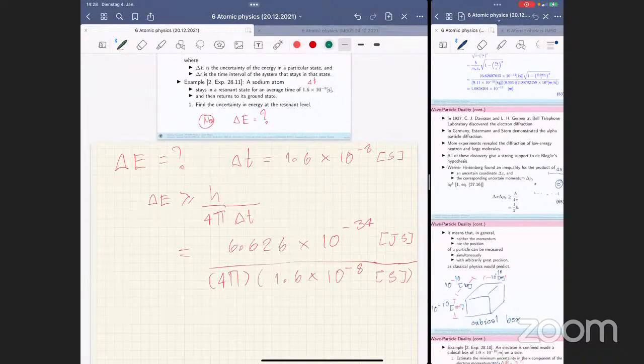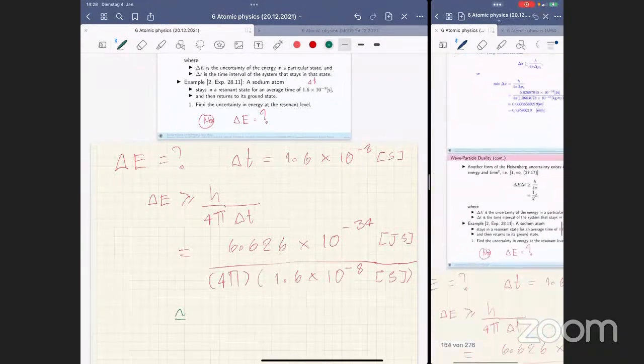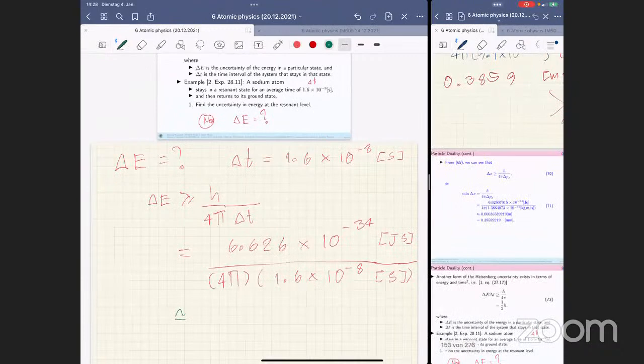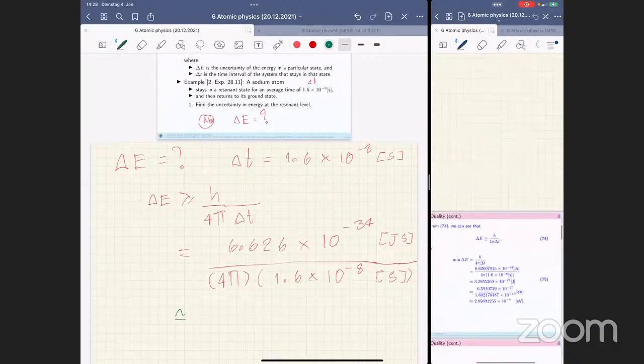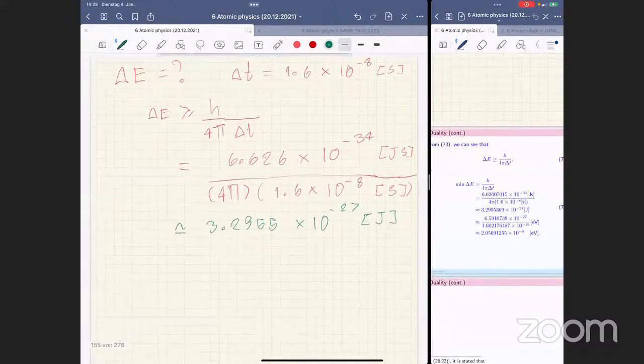So let's get into the detail. Once you substitute it into the calculator, you would get the result in terms of the SI system, like this, 3.295 times 10 to the negative 27 joule.